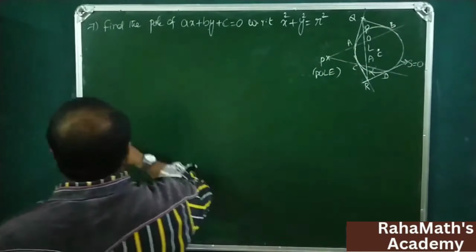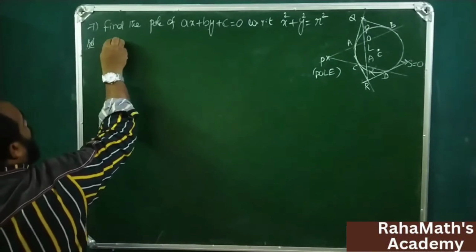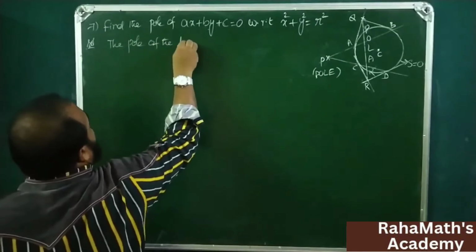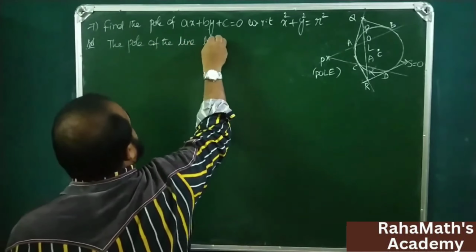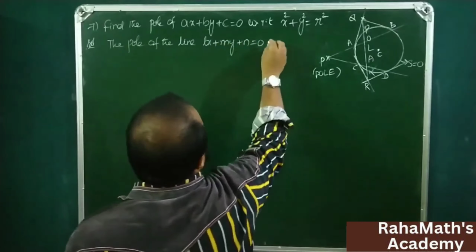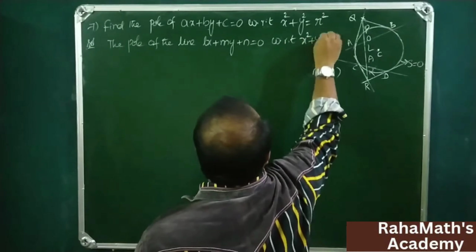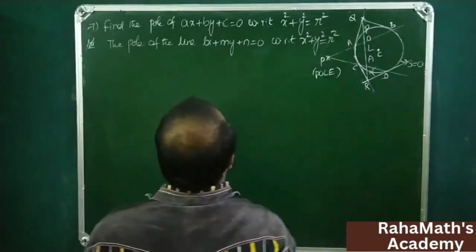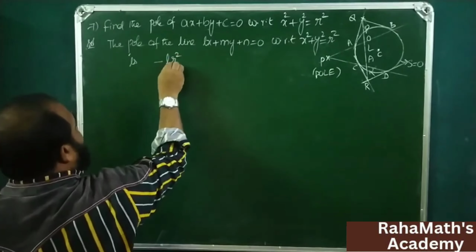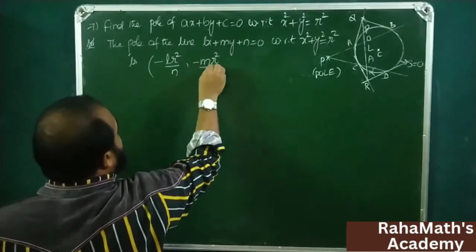So we know the formula: the pole of the line Lx plus my plus n equals 0 with respect to the circle x square plus y square equals r square is minus L r square by n, minus m r square by n.